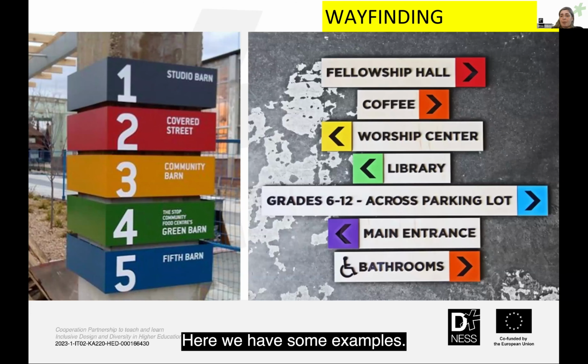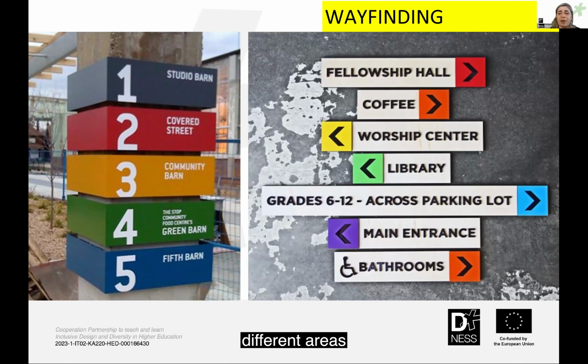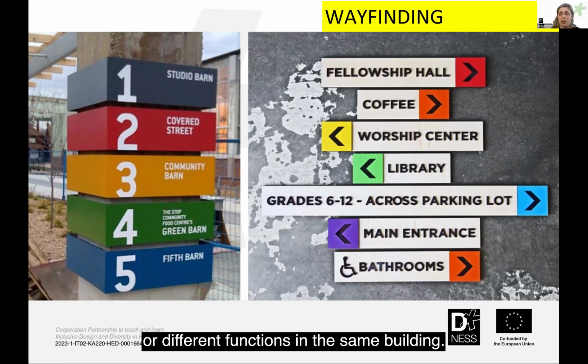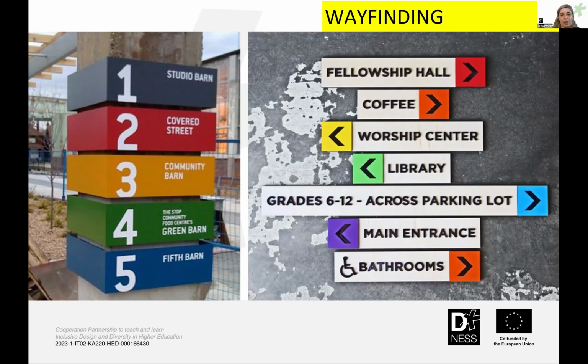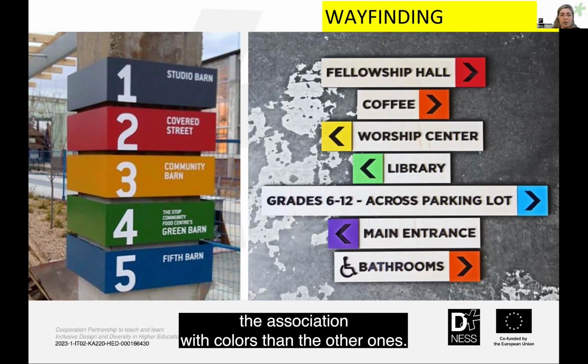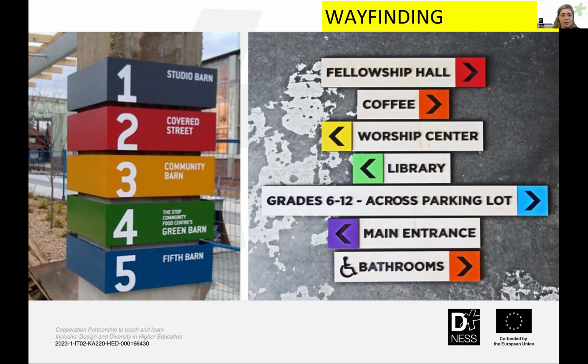Here we have some examples. Usually we use color to distinguish different areas or different plans or different functions in the same building. And it's easier for us to remember the association with colors than the other ones.